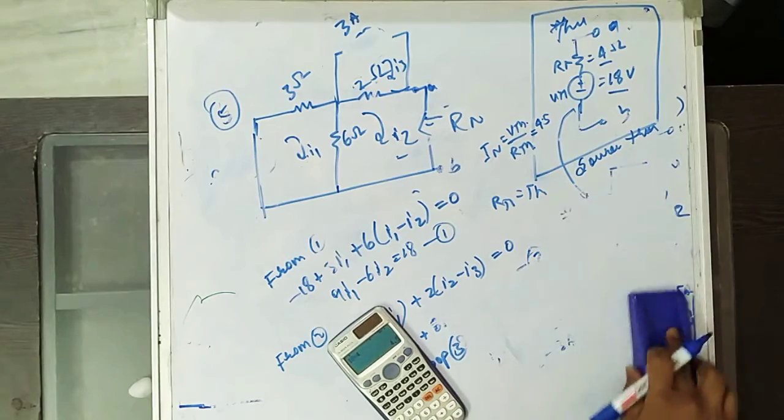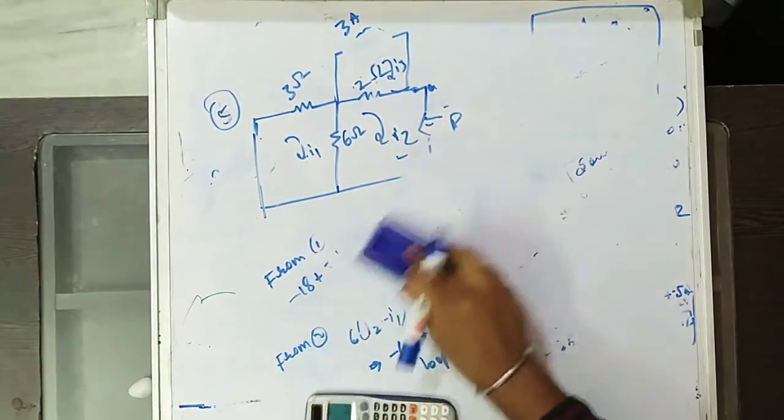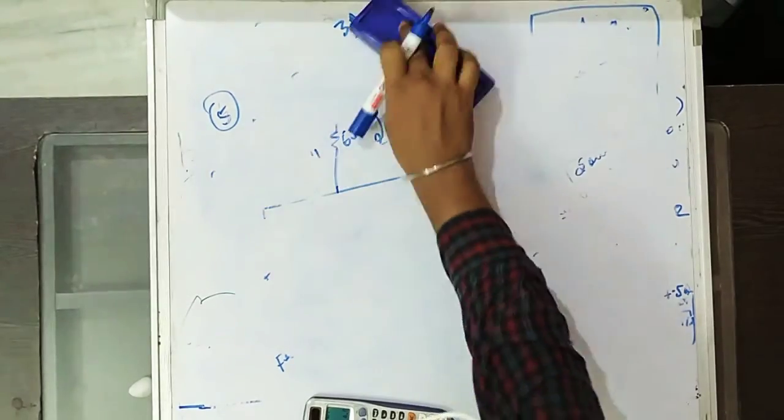Now we'll solve another circuit based on independent and dependent sources. That is category 2.